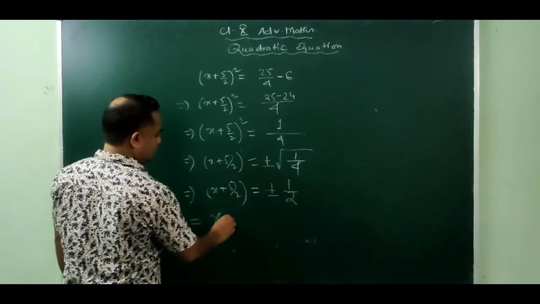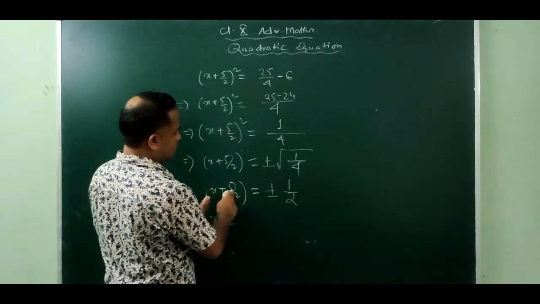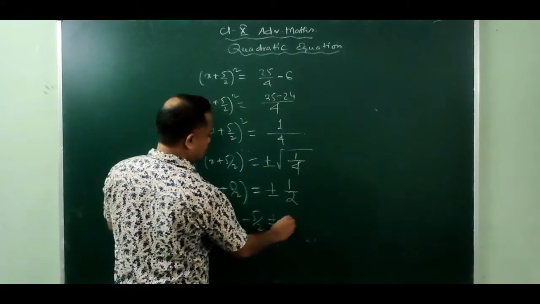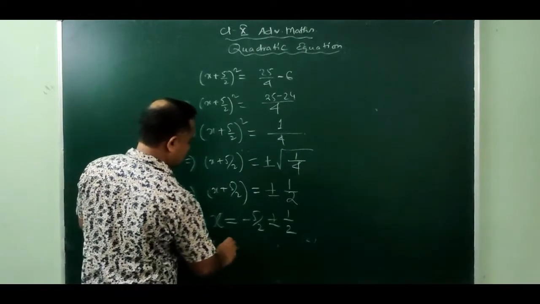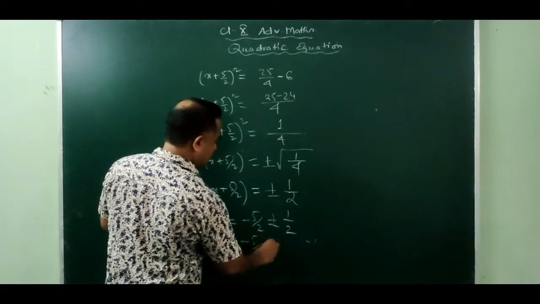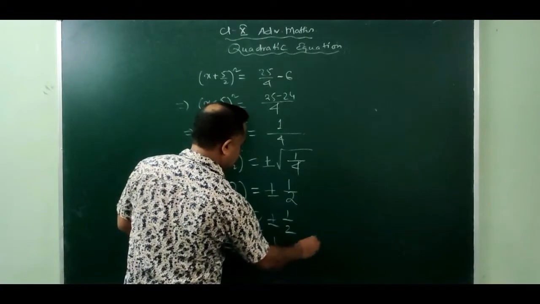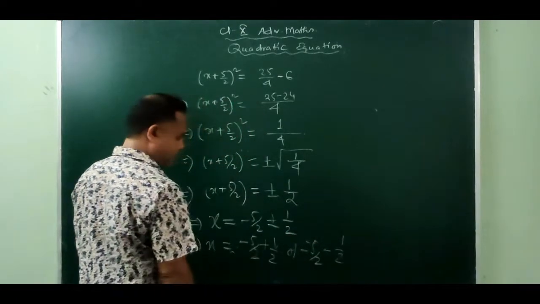Now again we need to take the value of x. When we take the value of x, we transfer this 5 by 2, plus minus half. So it implies x is equal to minus 5 by 2 plus half, or minus 5 by 2 minus half.